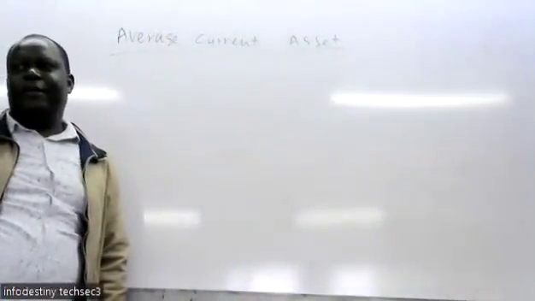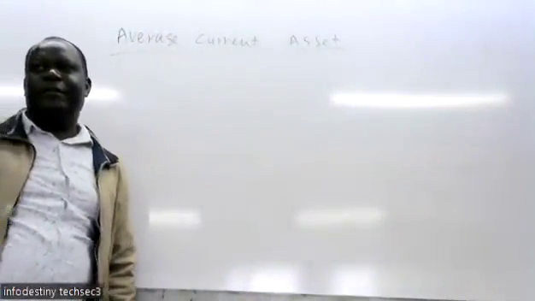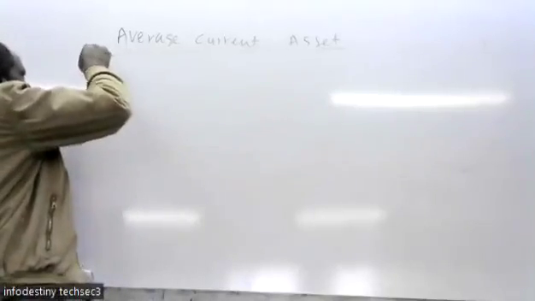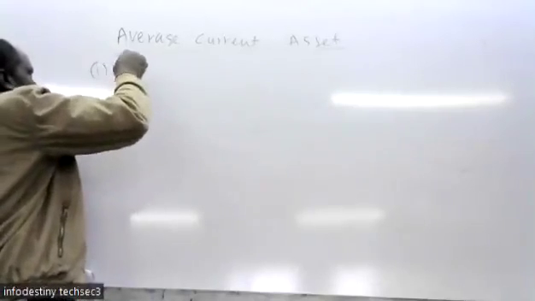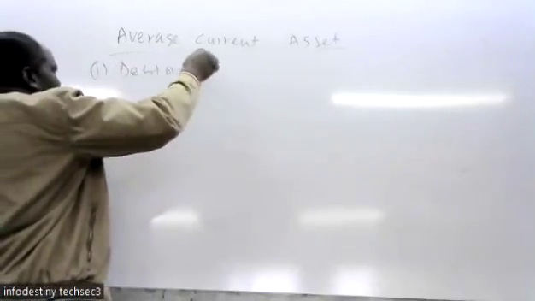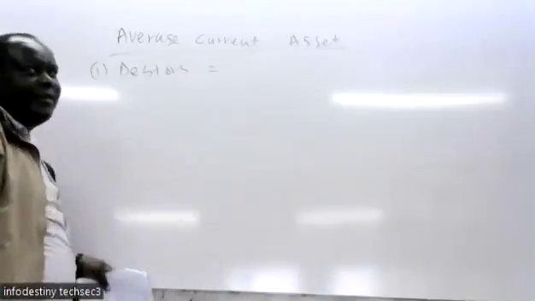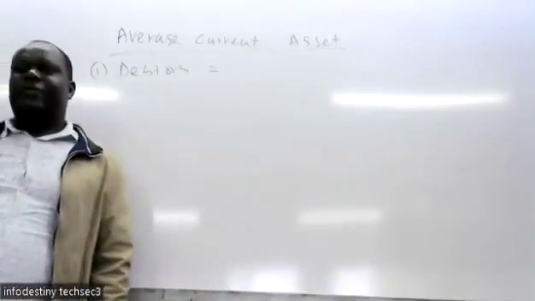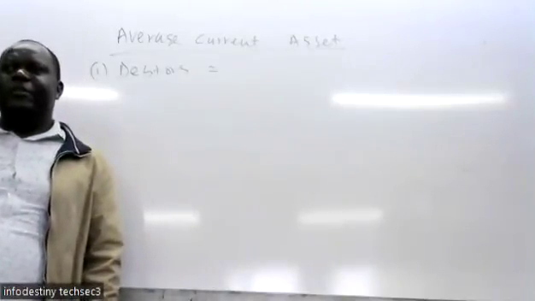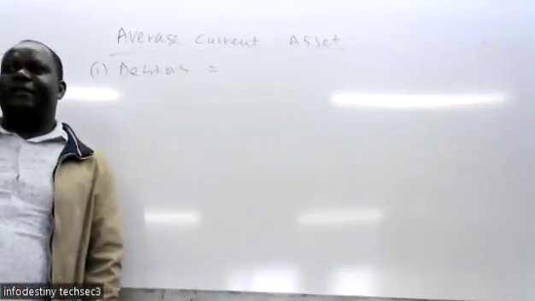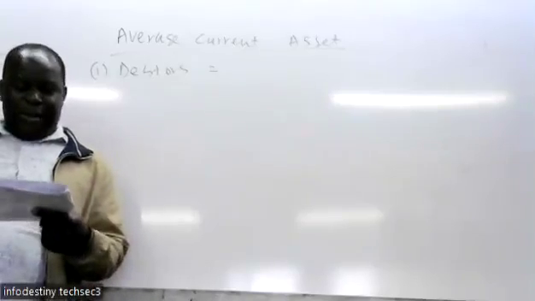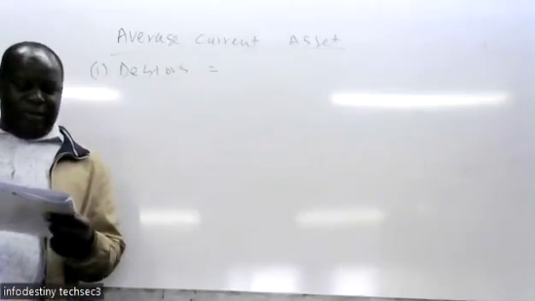The first one will be the debtors or accounts receivable. We know it is the sales on credit. So I want you to go to bullet number 1.